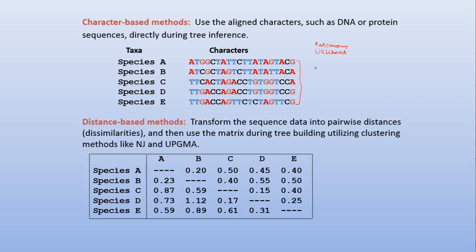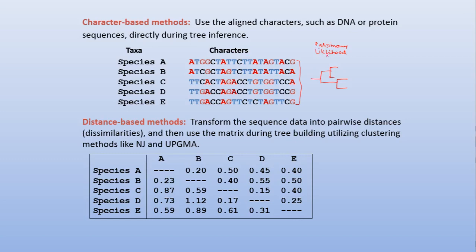We use that and generate our phylogenetic tree as such. Using the character information, we directly generate a tree using these character-based methods like maximum parsimony and maximum likelihood.